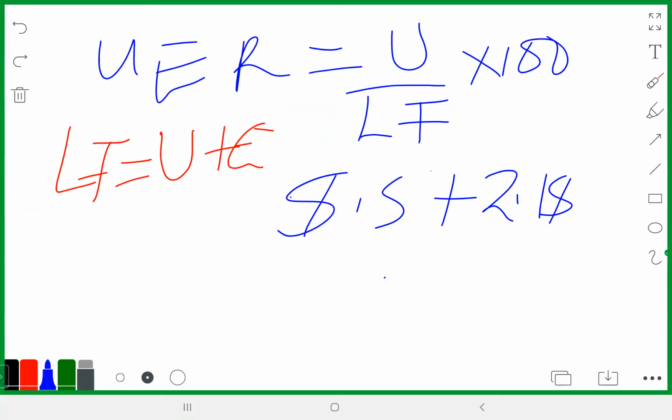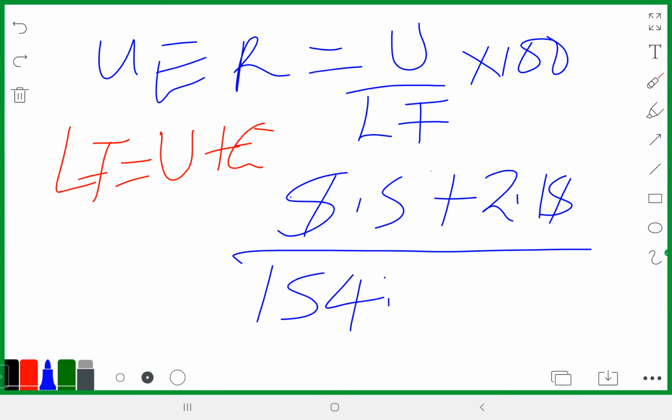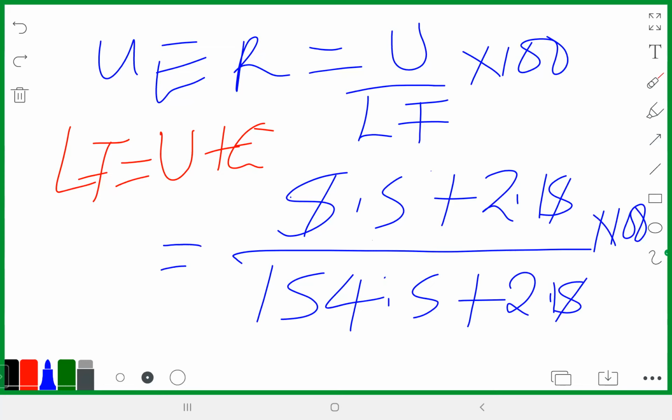So we are summing up the number of unemployed divided by the total labor force plus the same people, multiplied by 100. That gives us the new unemployment rate.